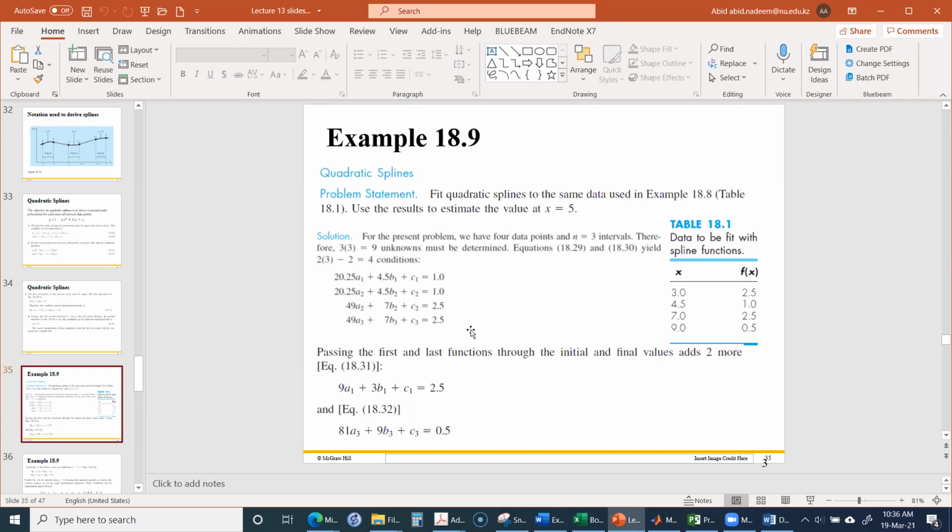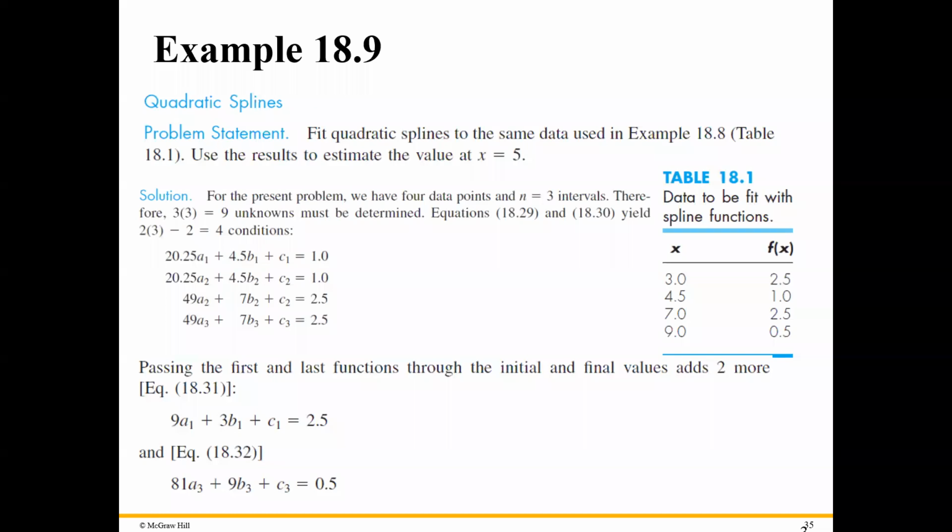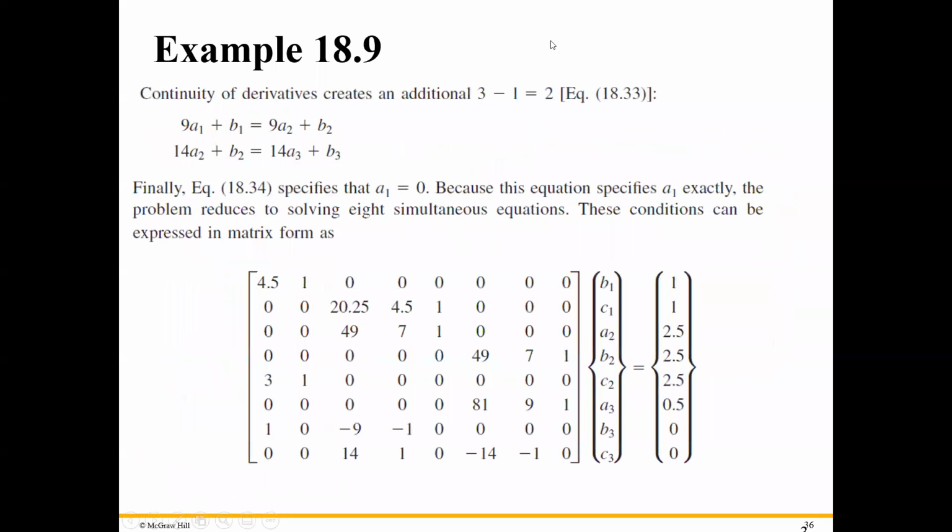So for 9 unknowns, we should have 9 equations. So up to now, we have found 6 equations. So we need to find 3 more equations. These 3 more equations we can find from the other conditions, the derivatives.